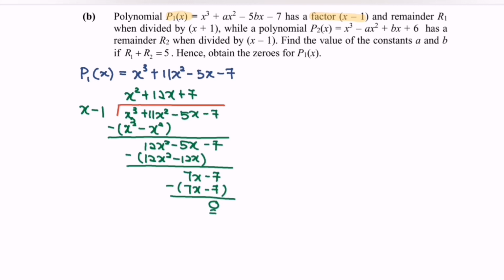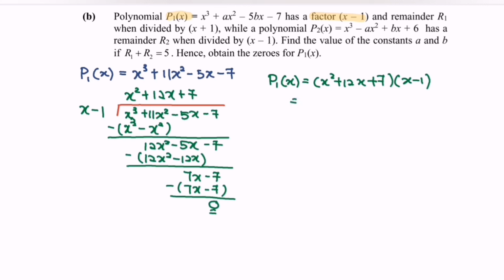So rewrite the situation. p1(x) is equal to (x squared + 12x + 7) multiplied with the factor or divisor (x - 1), and the remainder is 0. Next, completing the square to find the zeros.